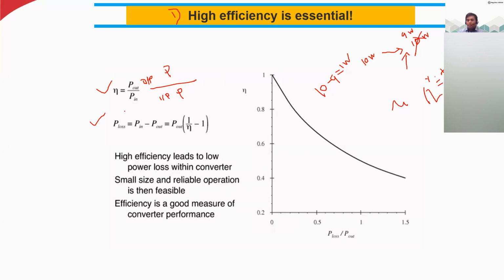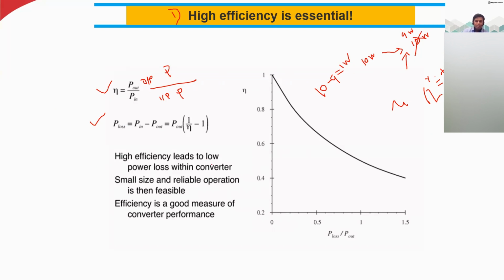We are talking about efficiency because we want to maintain the efficiency on the load side and during transmission, power conversion, and so on. So this is our goal actually. Whatever power we give at the input, we want to get as much as possible at the output. We do not want to have loss. We want to reduce the loss as much as possible.